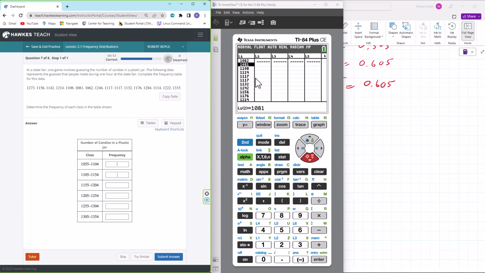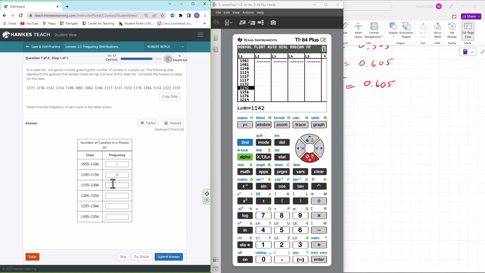That would include this one. So it's 1, 2, 3, 4, 5, 6 data items. Let's just make sure. 1, 2, 3, 4, 5, 6.